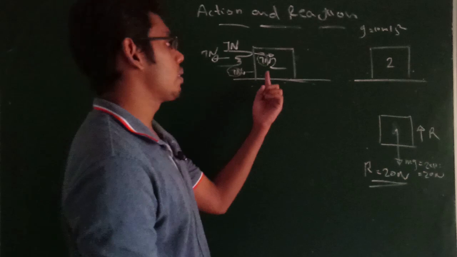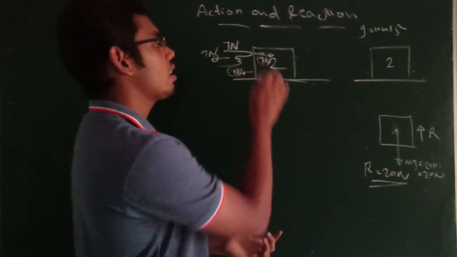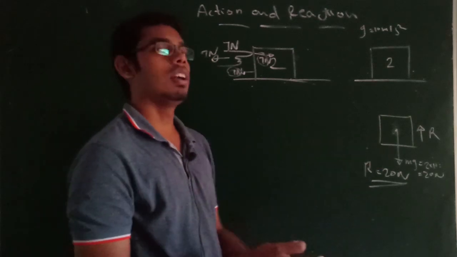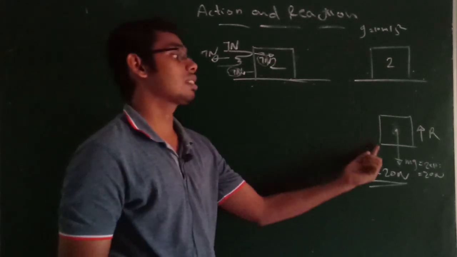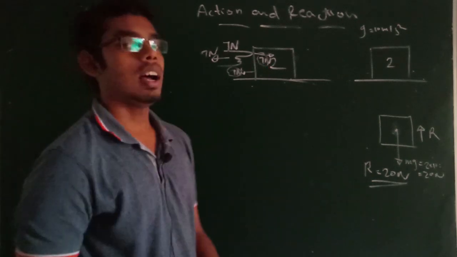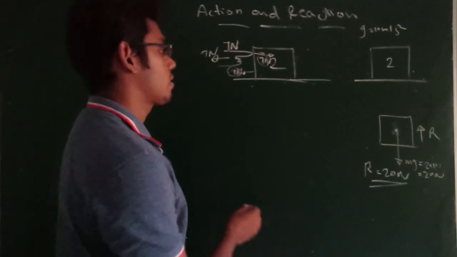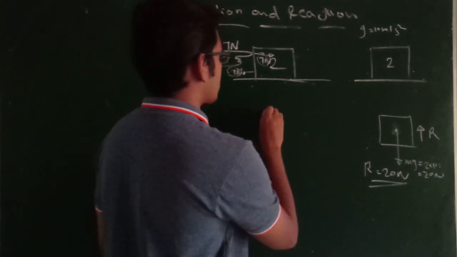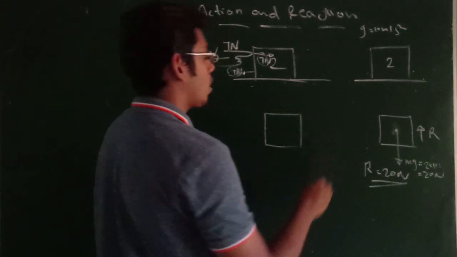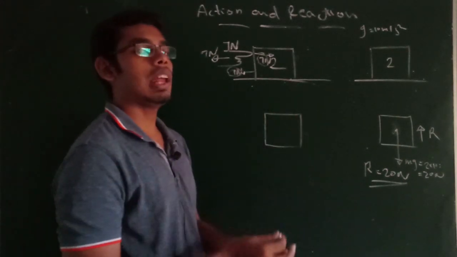Now let's come to this situation, this 2 kg block. Actually, this 2 kg block is a little different from the previous one. This is a more complicated case compared to that one. So let's draw the free body diagram of this 2 kg block. I need your help to draw it. Yes, I am trying to draw this free body diagram of this 2 kg block. As we know, we have this 2 kg block which is placed in a gravitational field.